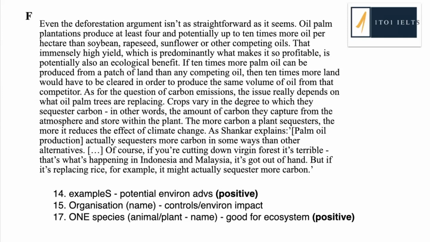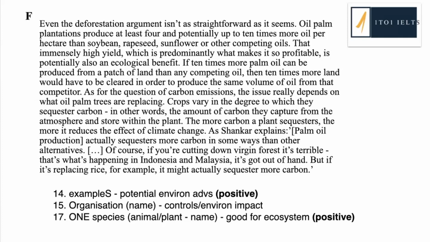We see that it says that the immensely high yield, which is predominantly what makes it so profitable, is potentially also an ecological benefit. Well, an ecological benefit is the same as saying an environmental advantage. So we've got one advantage, but we want to see if we can find multiple advantages.